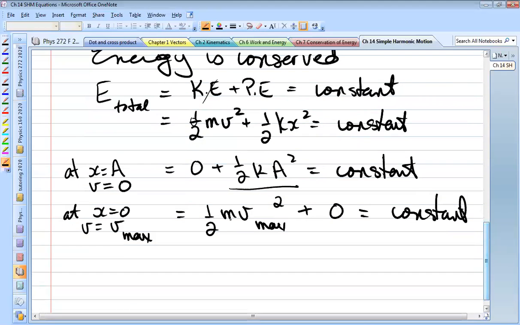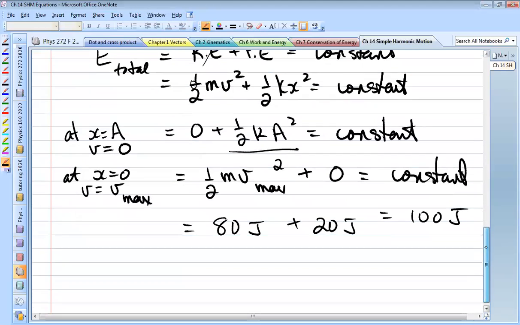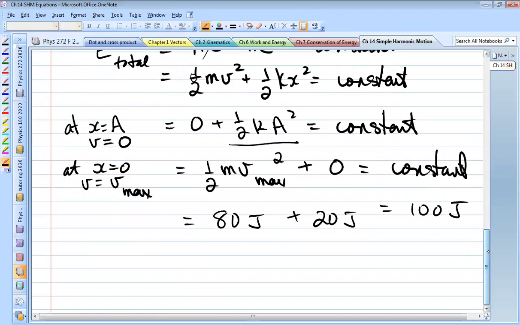This time, when you're going through the equilibrium, you're going the fastest. And then it could be any combination. So if this equals 100 joules, if I'm maybe 1/6 of the way along or something, the kinetic may be, I don't know, 80, and then potential will be 20. And it's always divided among kinetic and potential.